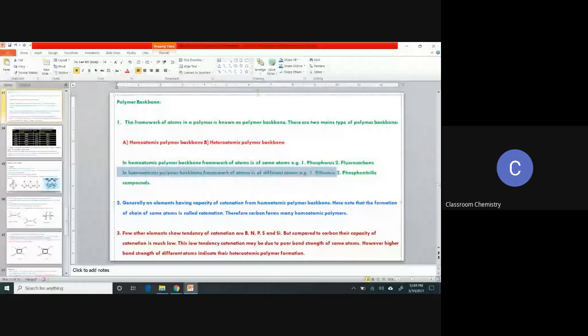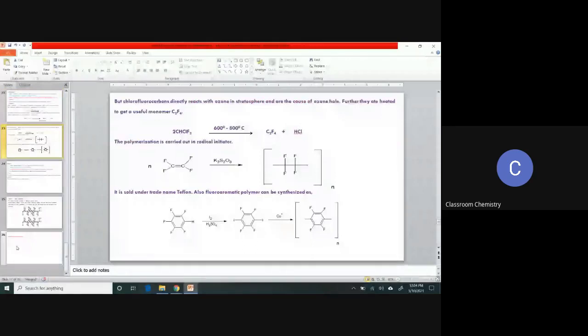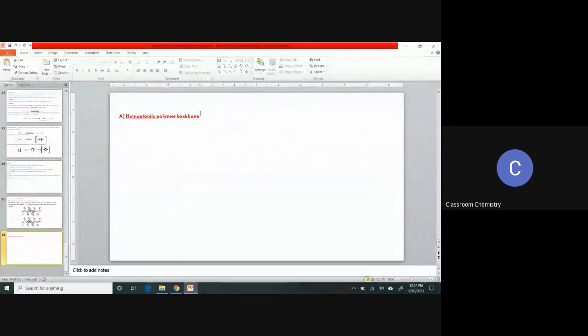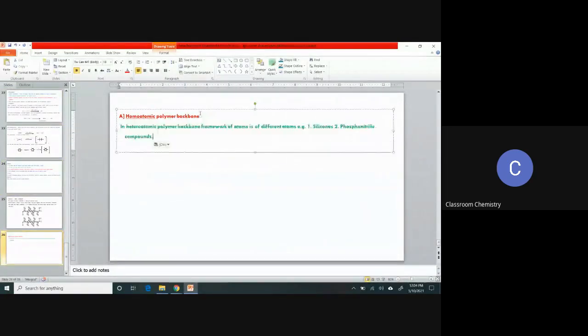Examples are silicones and phosphonitrile compounds.